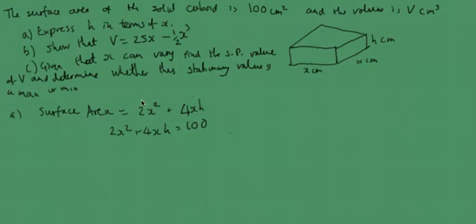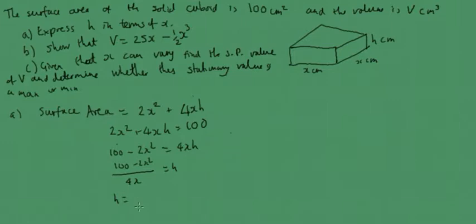So next step is we need to rearrange this formula so we make h the subject. So we'll have 100 minus 2x squared is going to equal 4xh, and 100 minus 2x squared over 4x is going to be h. And now we're going to break this into two fractions.